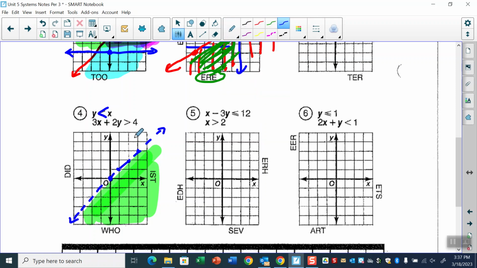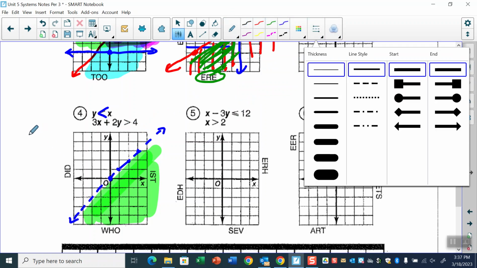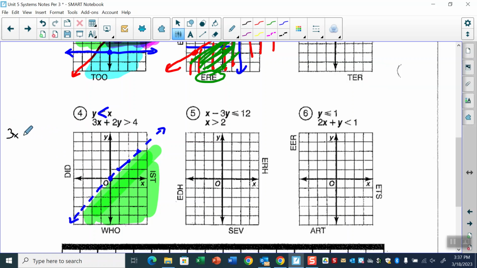And then now for my other one, it's in standard form, so I have to put it into slope-intercept form. So I'm going to get the y by itself. So I'll write this over here, plus 2y greater than 4. I want the y by itself, so I'm going to subtract 3x on both sides, so that goes away, and I get 2y greater than -3x plus 4.